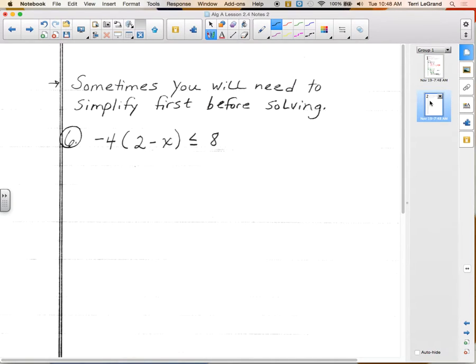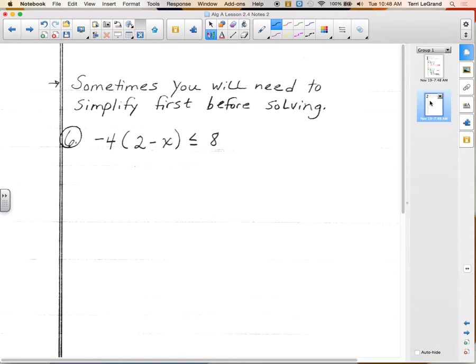Oh, it says sometimes you will need to simplify first before solving. Now, in reality, there are 2 ways to go about solving this one. But I'm not sure that we would understand one of them well enough for you to take that method. So let me see what you suggest we should do. What do you suggest we do, Cody?